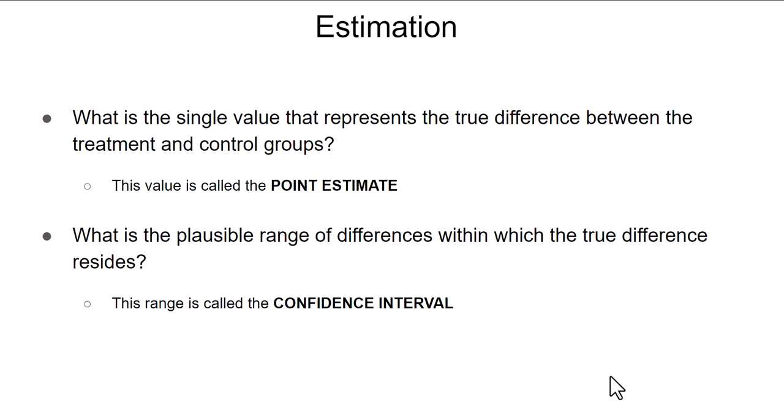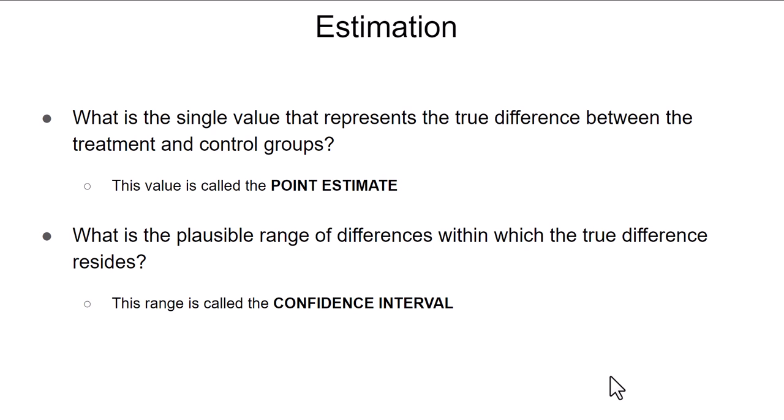For example, imagine a group of individuals that underwent the treatment, whatever that particular treatment was, versus individuals that were in the control group that did not receive the treatment. The estimate of the difference, the middle of the difference between those two groups, would be your point estimate.